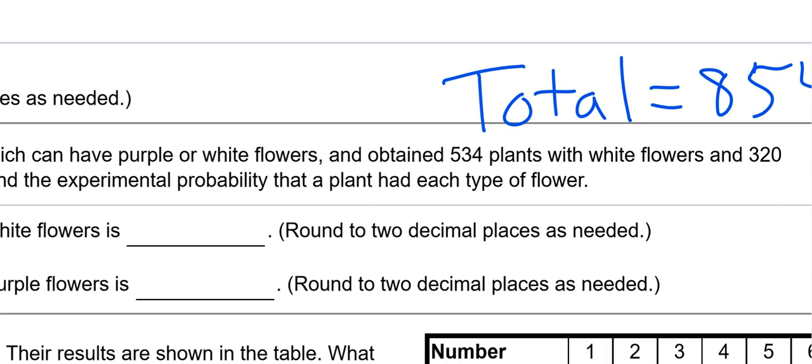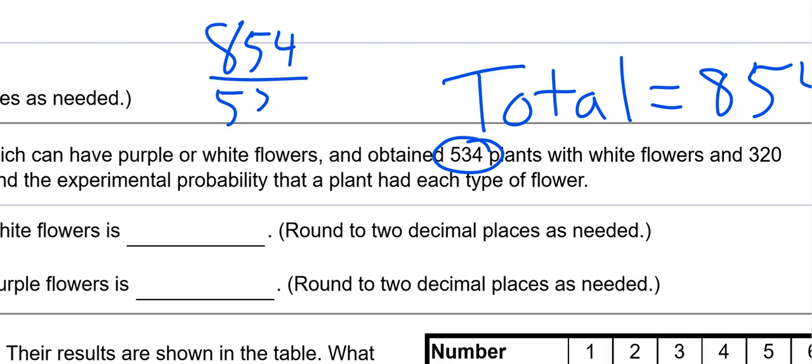Well, what's the plants that had white flowers? What's the probability there? We had 534 that had the white flowers, and 854 total. So you want 854 divided by 534.